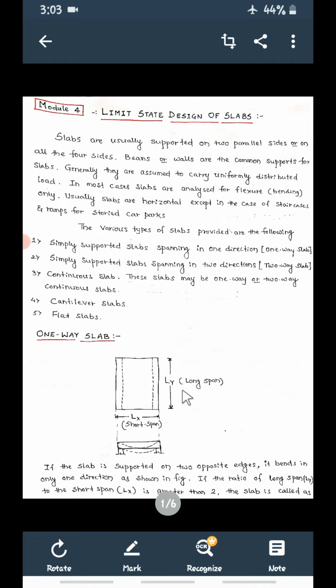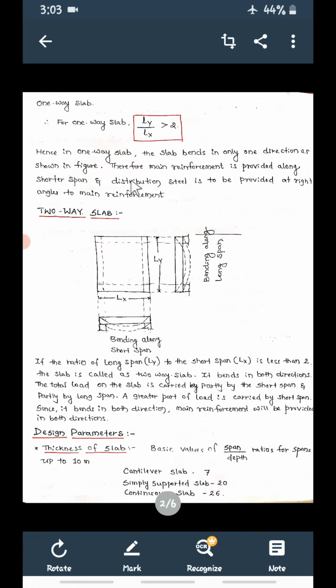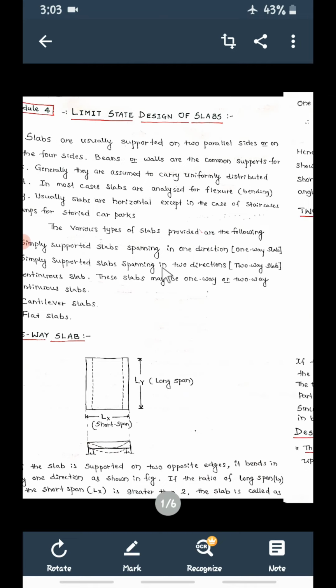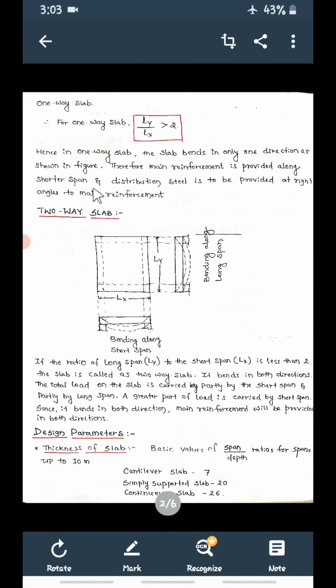The main reinforcement is provided along the shorter span, and distribution steel is provided at right angles to the main reinforcement. See, main steel will be provided like this at the bottom, and over this main reinforcement, distribution reinforcement is provided in the one-way slab.